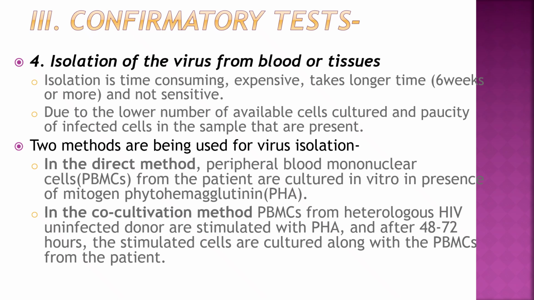In the indirect method, peripheral blood mononuclear cells from the patient are cultured in vitro in the presence of mitogen phytohemagglutinin. In the co-cultivation method, PBMCs from a heterologous HIV uninfected donor are stimulated with PHA, phytohemagglutinin, and after 48 to 72 hours, the stimulated cells are cultured along with PBMCs of the patient.